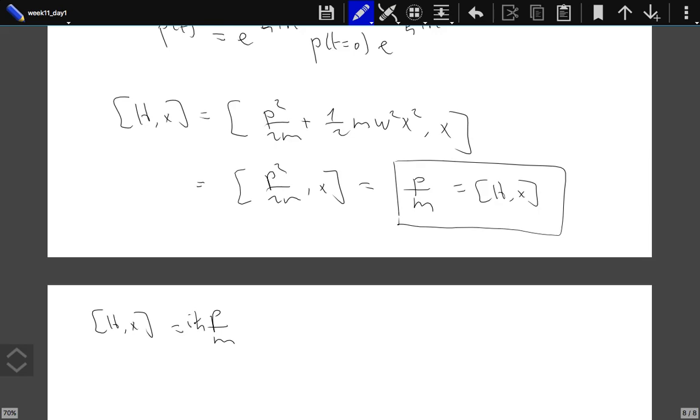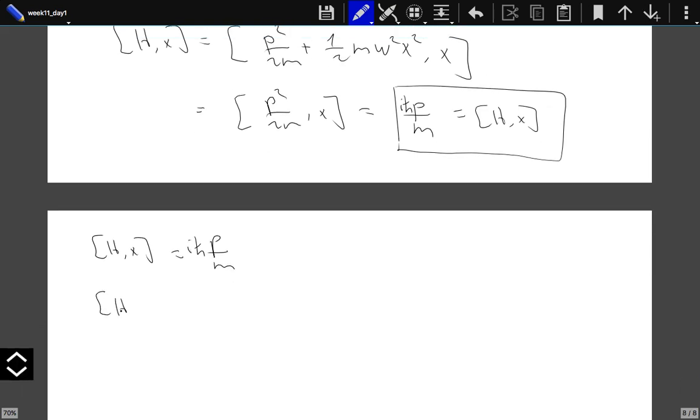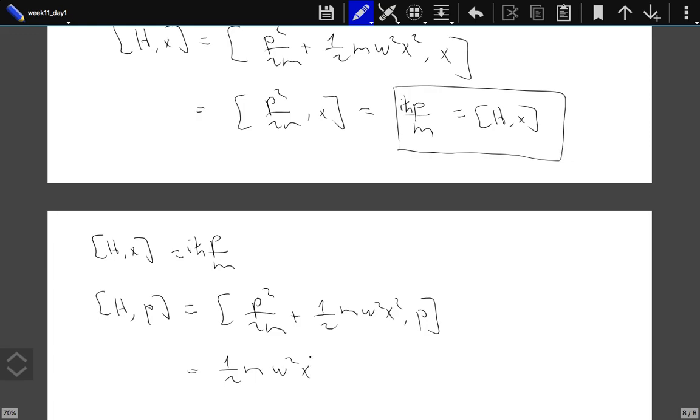I ħ p over m. Now, if you do the same thing with the commutator with p, you will get the commutator of p squared over 2m plus 1 over 2 m omega squared x squared with p. The first term, the p squared over 2m, commutes with p. So we are left with 1 over 2 m omega squared x squared p commutator.